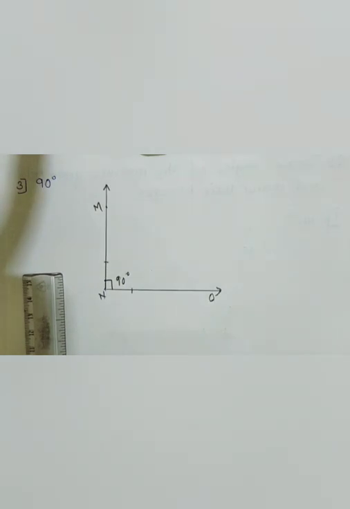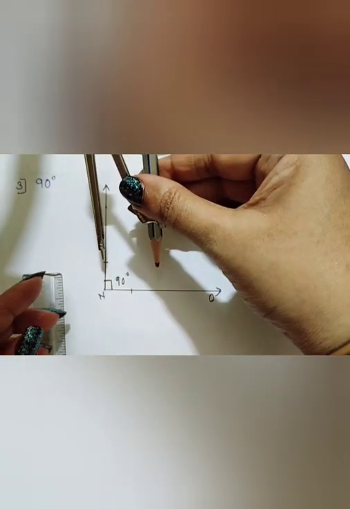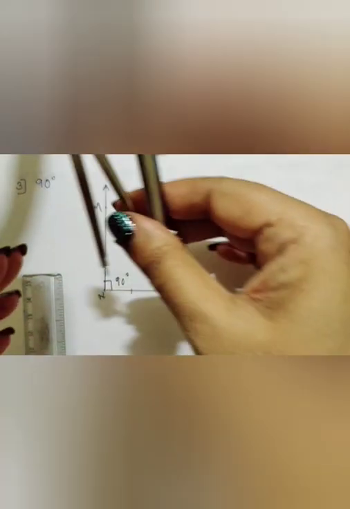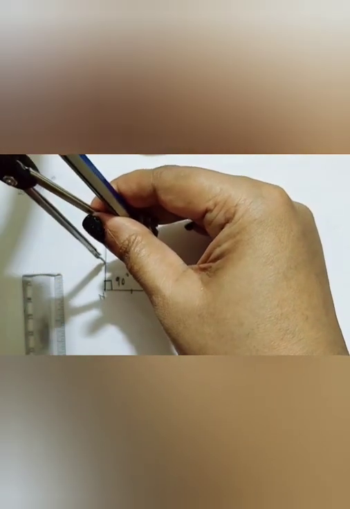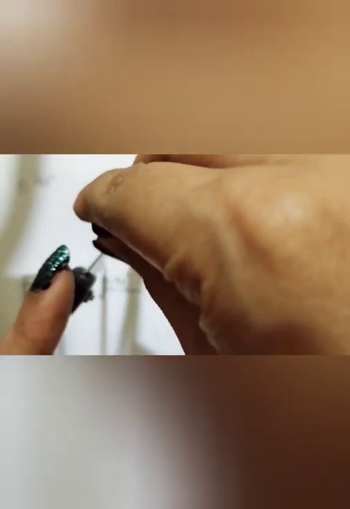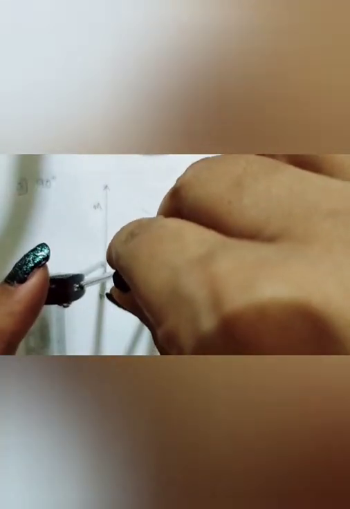I hope you are getting me, you are understanding what I am saying. Now this is the point, first point, I am keeping this compass on the first point of MN. Now I will draw this arc.